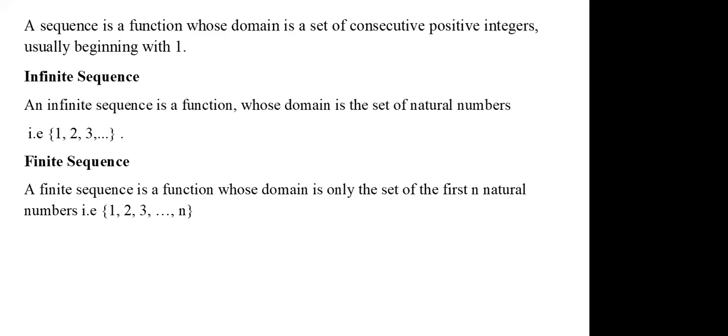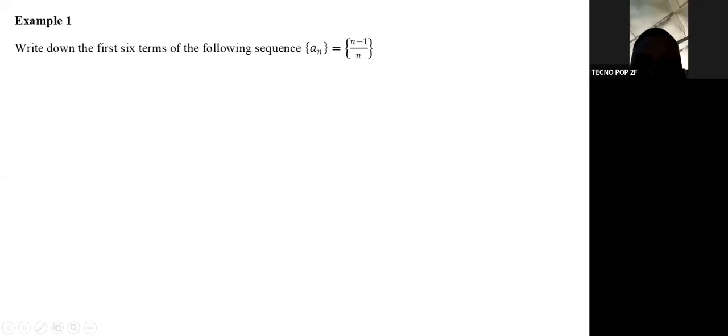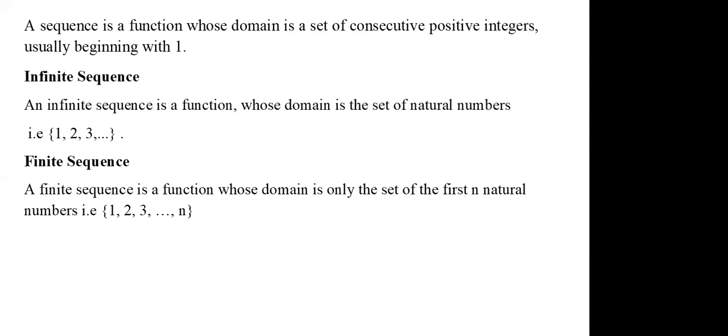It means you are going to start from 1 and end at 5. That is a finite sequence. You know where you are starting from and where you are going to stop. But with an infinite sequence, you know where you are starting from, but you don't know where you are going to. Do you understand the difference between finite and infinite sequence?